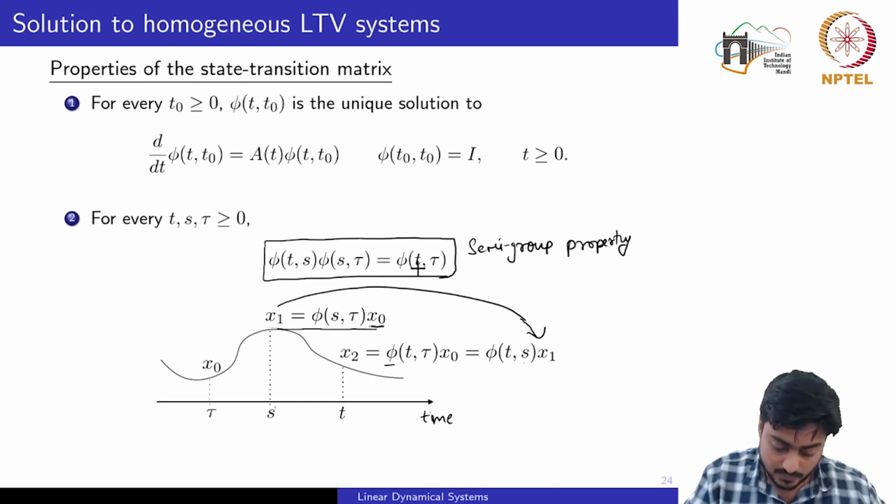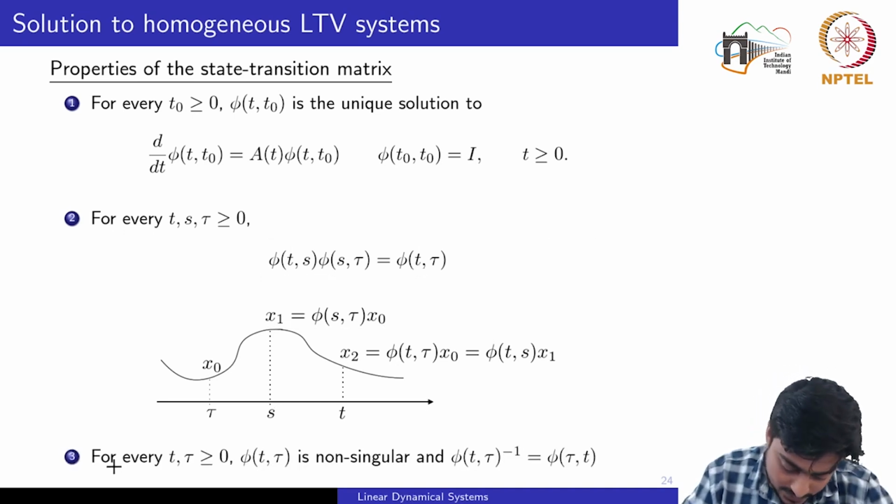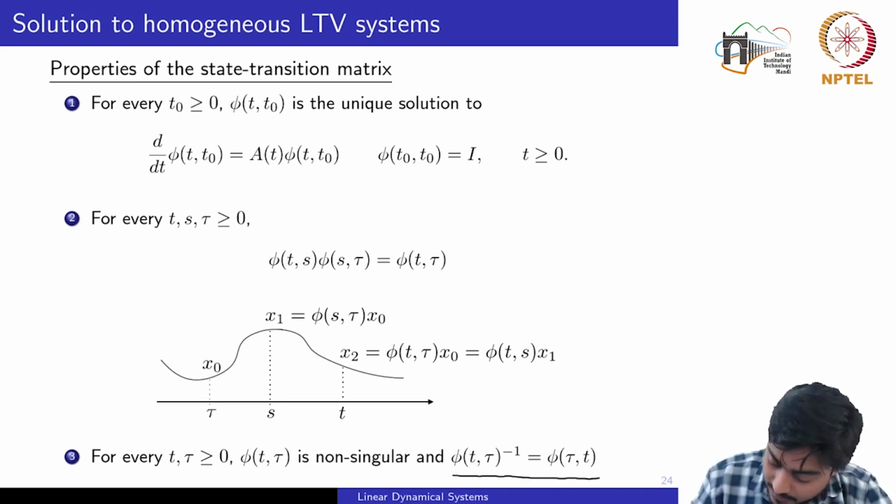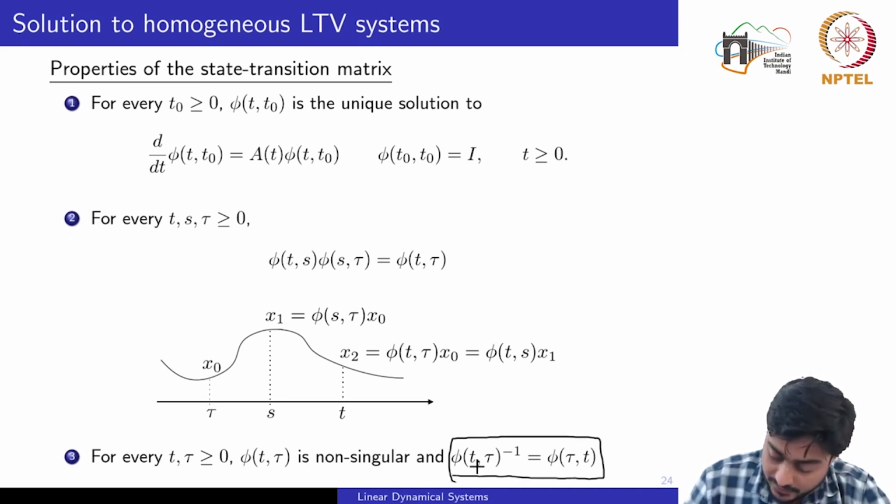Now the third property says that for every t and tau greater than or equal to 0, phi(t, tau) is non-singular, that is, the state transition matrix is non-singular, and this relationship is always satisfied: if we take the inverse of the state transition matrix, then the order of the arguments changes.